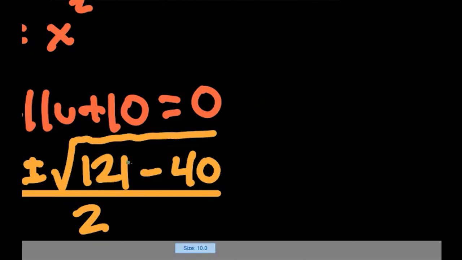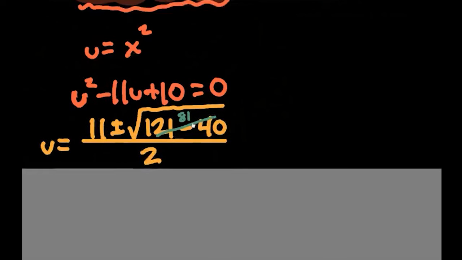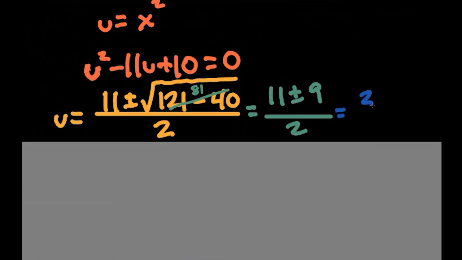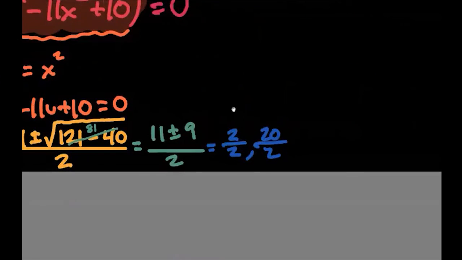Inside this radical, you can simplify this, and then it's just 81, which is nice because that's a perfect square, so the square root will come out evenly. So you're going to have 11 plus or minus 9 over 2. So you're going to have 11 minus 9 over 2, which is 2 over 2, and 11 plus 9 over 2, which is 20 over 2. So those are our two answers there.